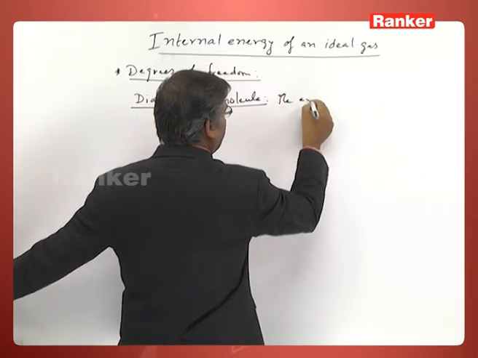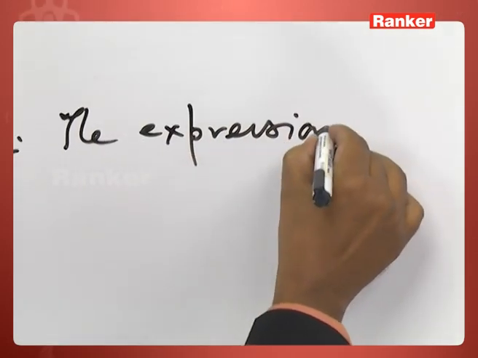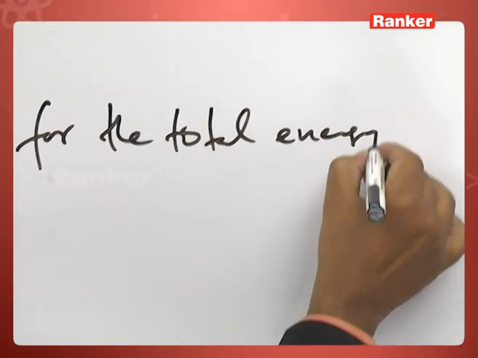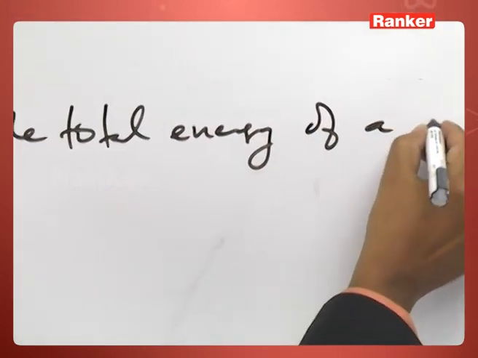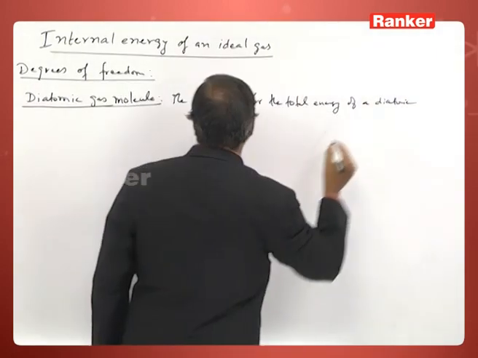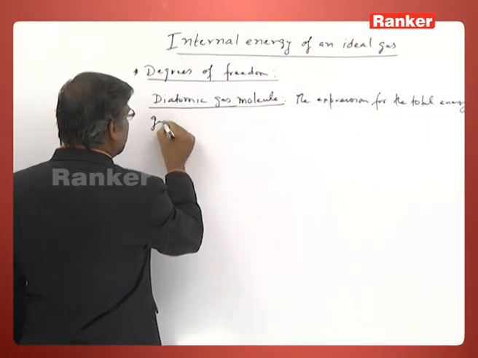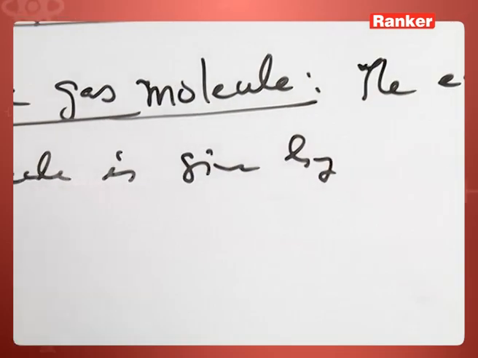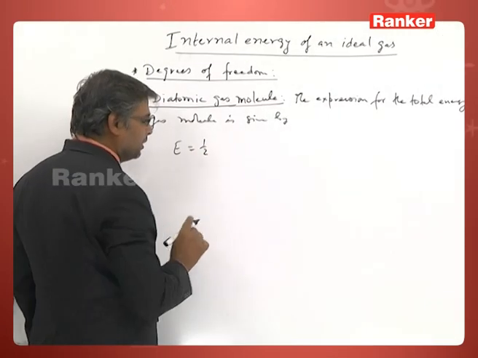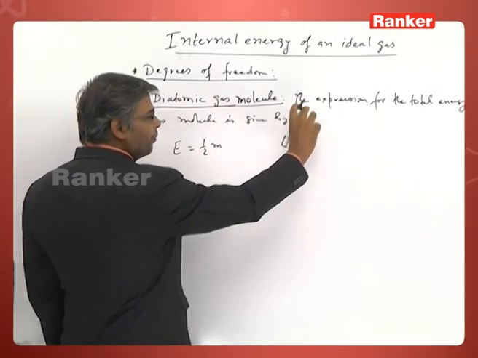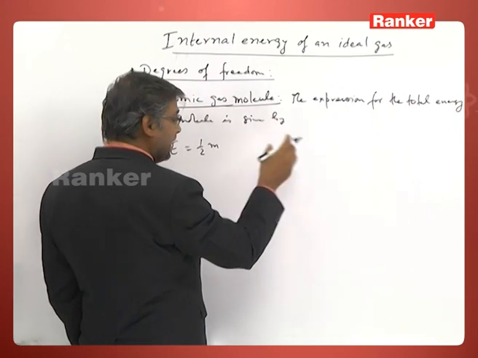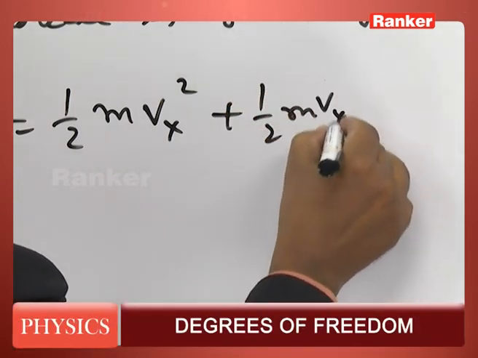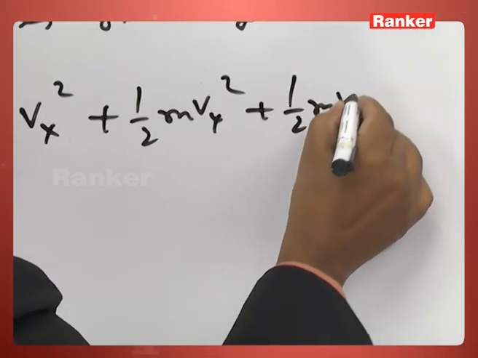The expression for the total energy, that is the kinetic energy of a diatomic gas molecule, is given by E equals half total mass, the mass of each atom forming the molecule, half mvx square, half mvy square plus half mvz square.